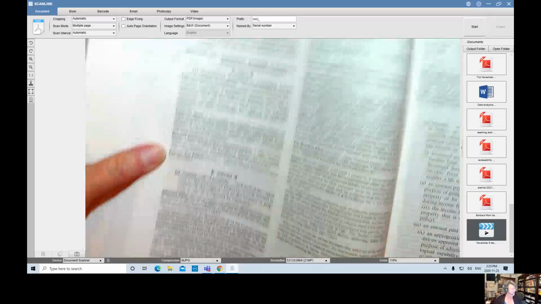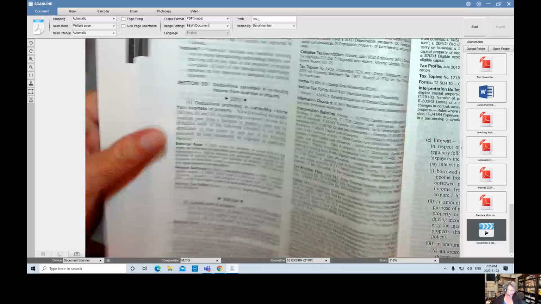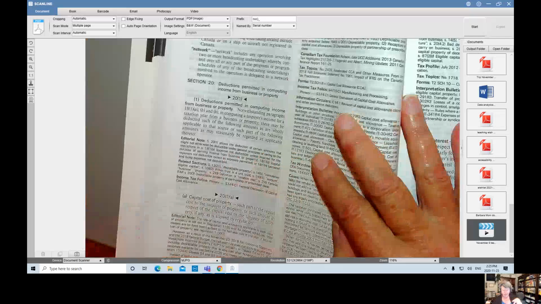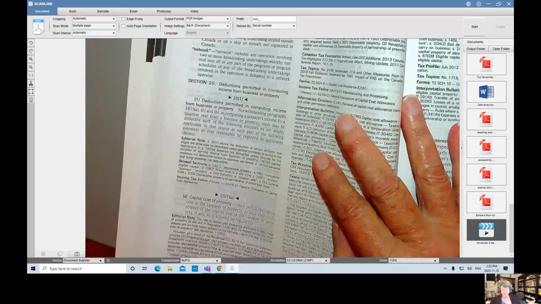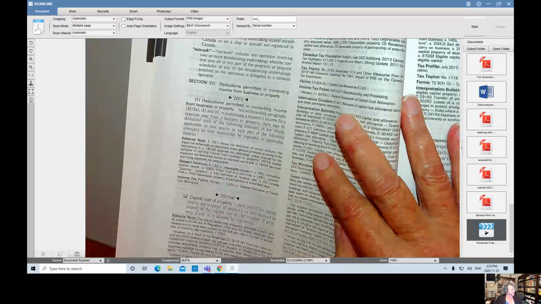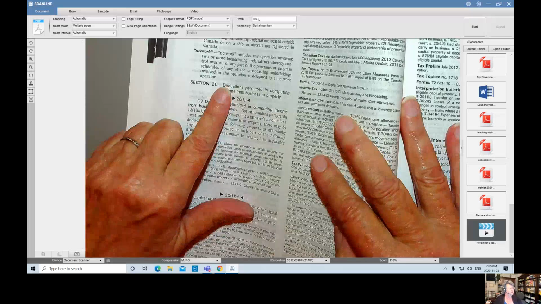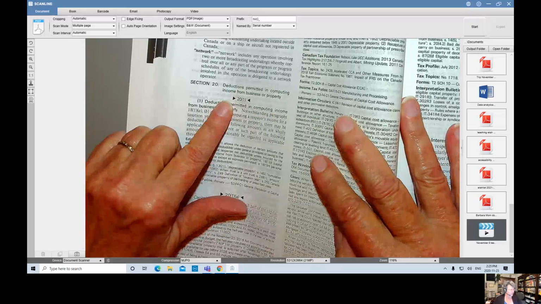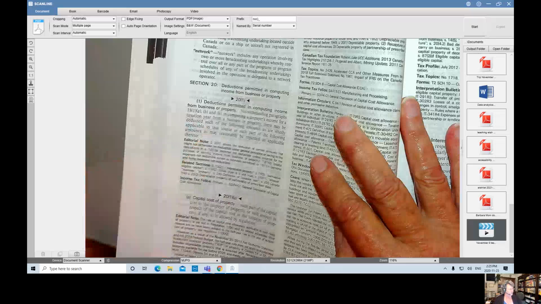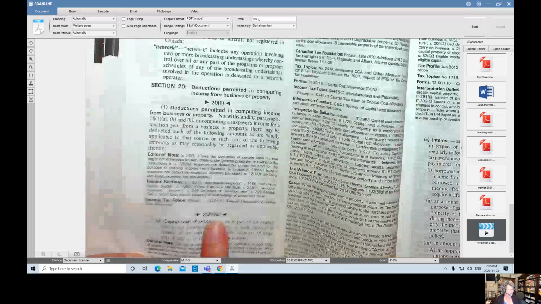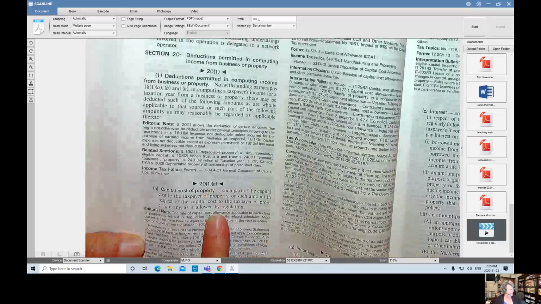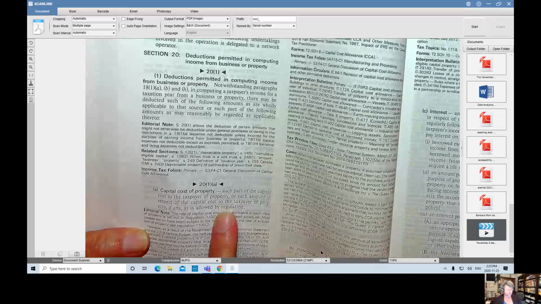All right, so then what we get to is section 20. So we saw section 18 saying nothing's deductible. Now we're seeing section 20, and section 20 is a list of deductions that are permitted in computing income. And this is where you see, notice, the capital cost of property gets picked up, but only as allowed by regulation.